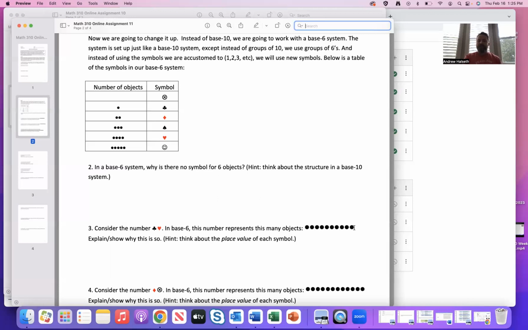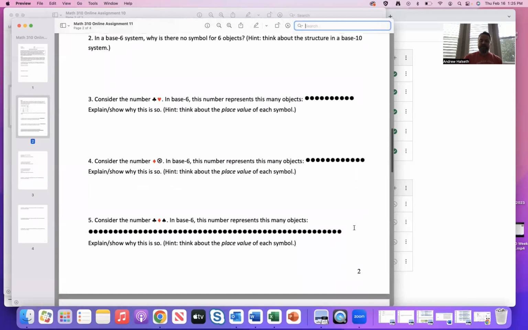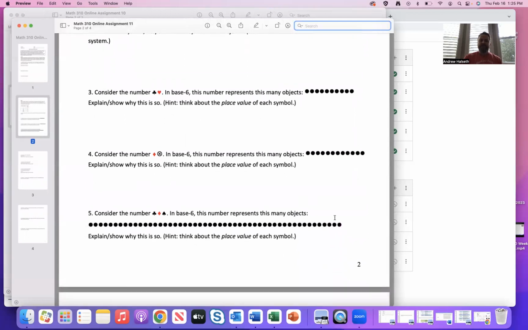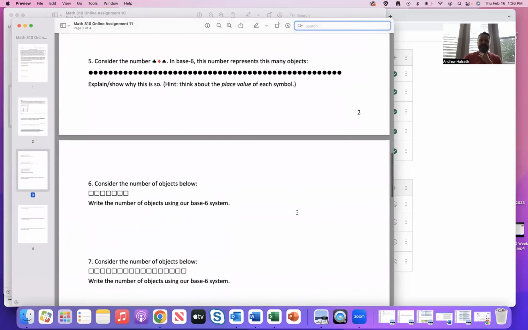So that's what I'm looking for with the explanation about that. And then there's some others as well. Okay, so it's a little crazy because you don't have any numbers. You just have these new symbols that you've never seen before. Let's see if you can piece that together and write some explanations, and then do some math in base 6.